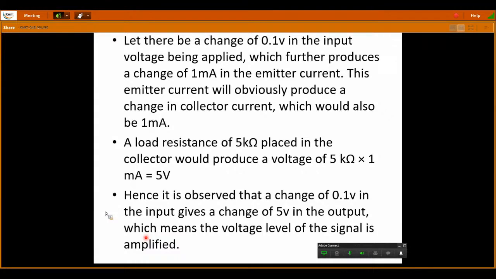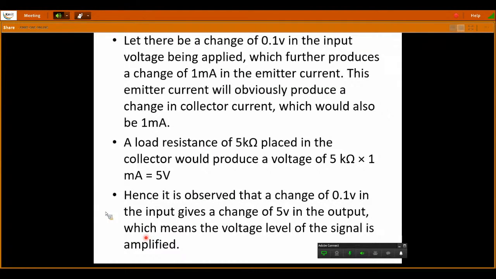If we pass that 1 milliamp through a load resistor of 5 kilo ohms, the output voltage across the collector resistor RC is 5 kilo ohm times 1 milliamp, which gives 5 volts. So a 0.1 volt change applied at the base to emitter junction leads to a large amplification at the output, with a magnitude of 5 volts.